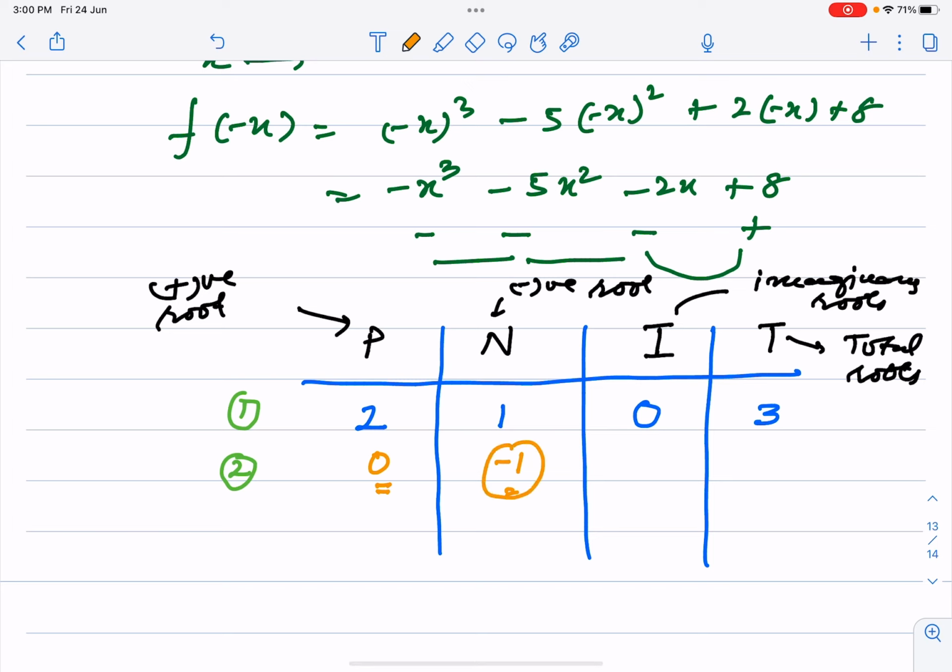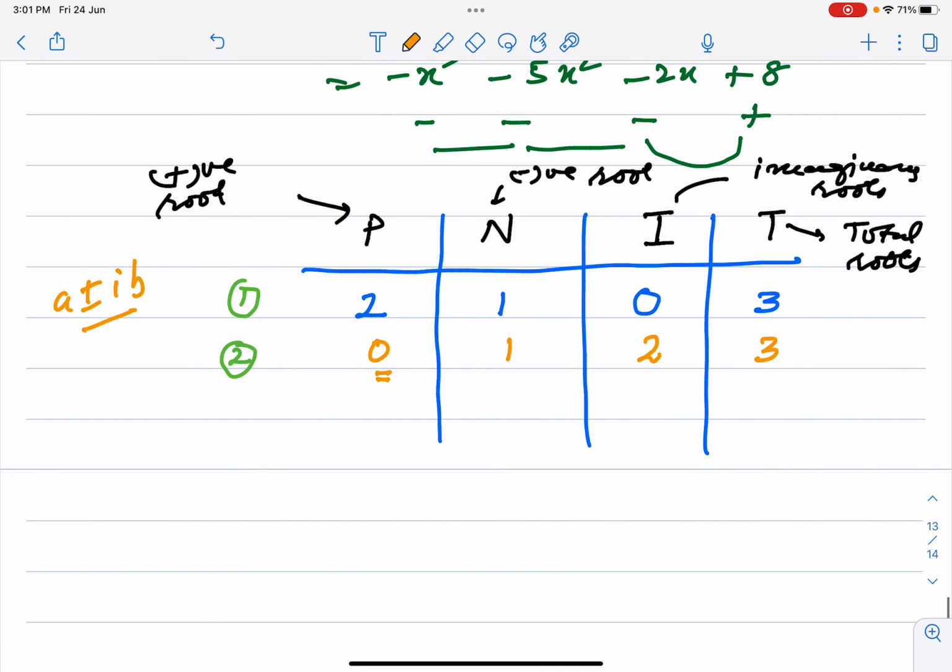Can it be negative? No. So it cannot go less than 0. So over here we will put 1, and since the total has to be 3, the remaining will be 2 imaginary roots, and we know that imaginary roots always come in pairs, for example a plus minus i b. So it has to be 2. So out of these two cases, which will be our case? That also we have to figure out.